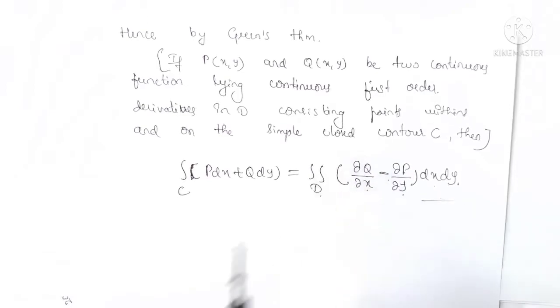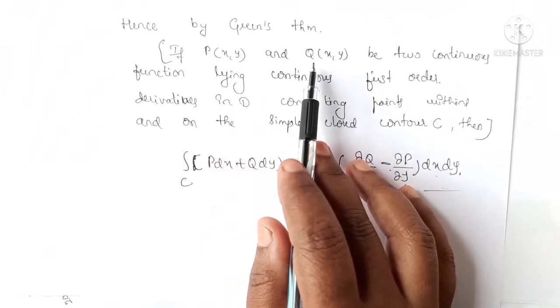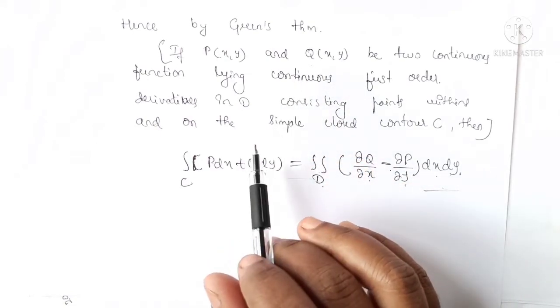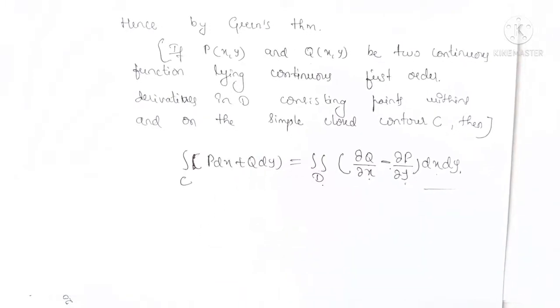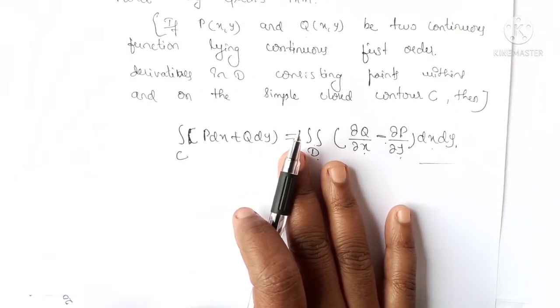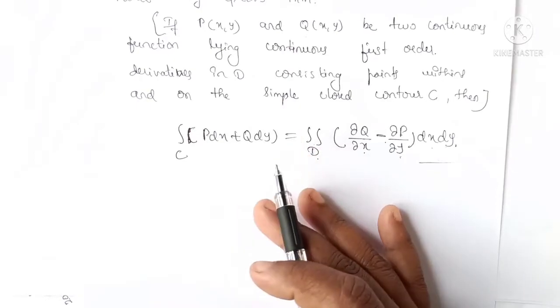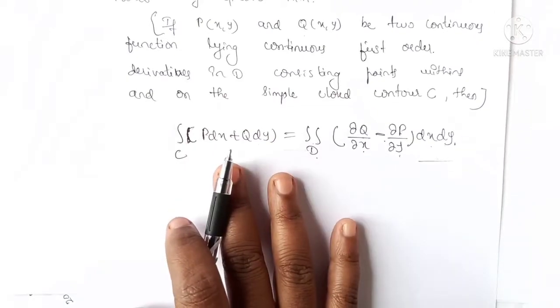Here, in the place of P we have u and in the place of Q we have v. As u and v are continuous functions and all four partial derivatives exist and are continuous in the domain D and on the closed contour C, we apply Green's theorem here.